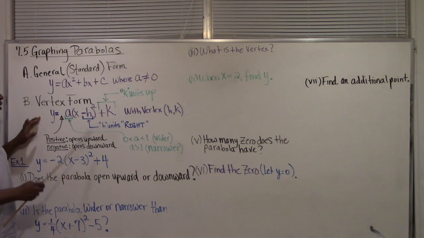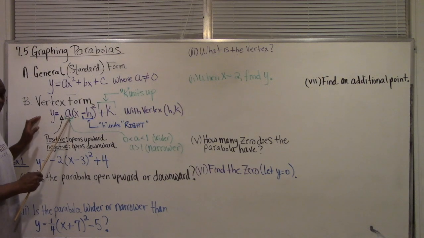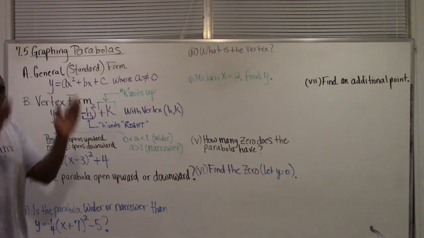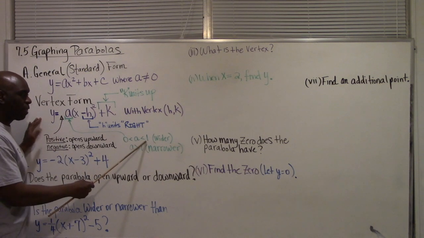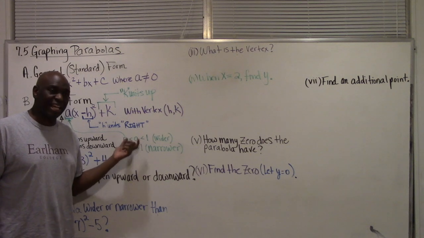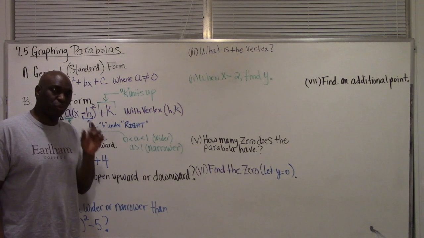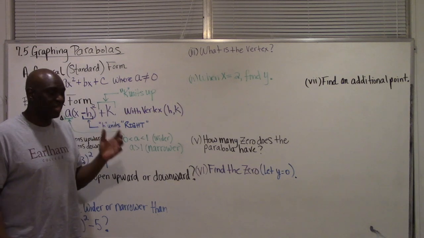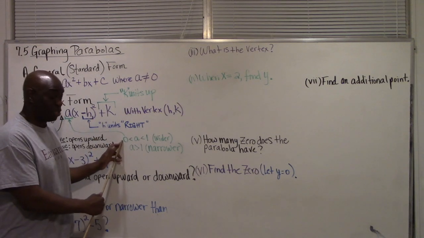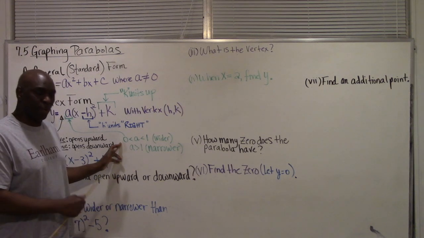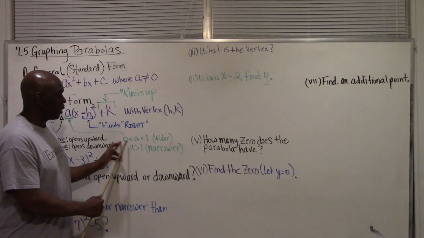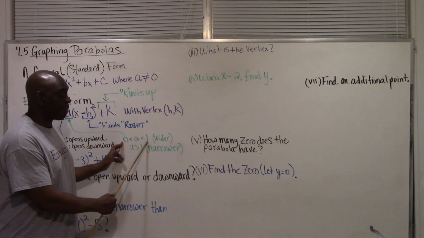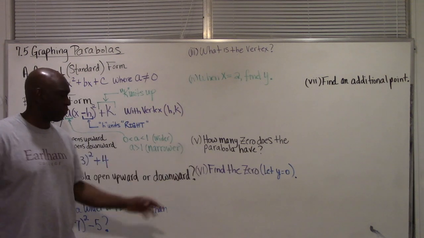Okay? This value, this number right here, a, just lets us know whether the parabola is going to be a wide parabola or a narrow parabola. If a is between 0 and 1, in other words, if a is a fraction, 2/3, 1/4, 1/5, 1/6, any fraction between 0 and 1, or a decimal, 0.1, 0.2, 0.3, 0.001, that's between 0 and 1, that means the parabola opens up wide, like a wide bowl.